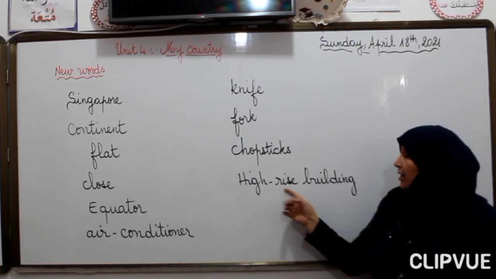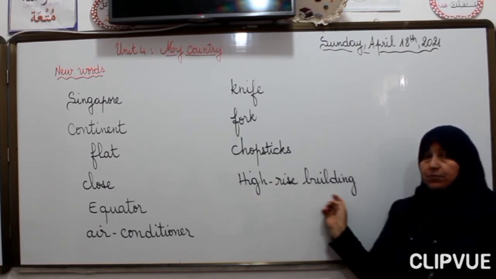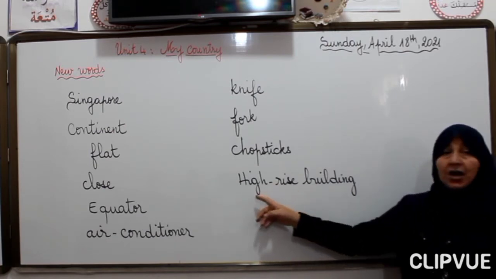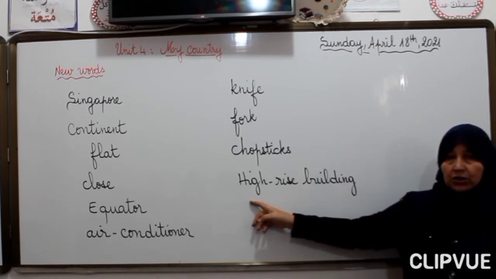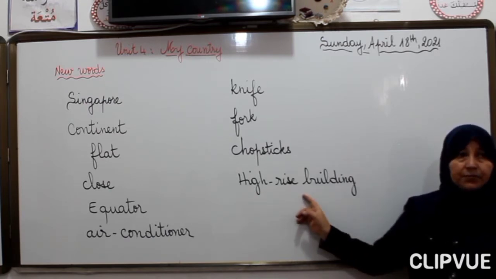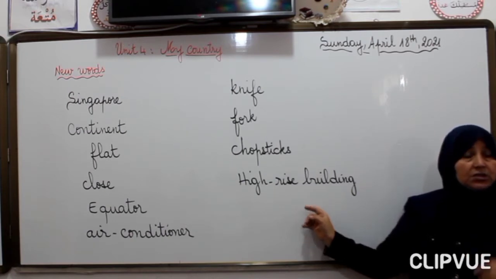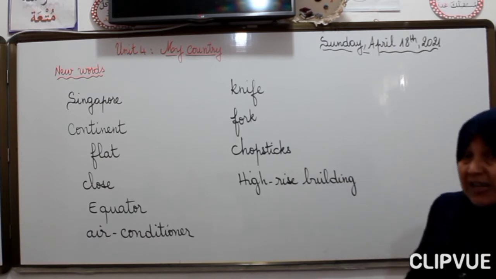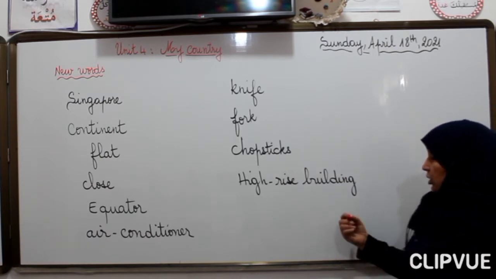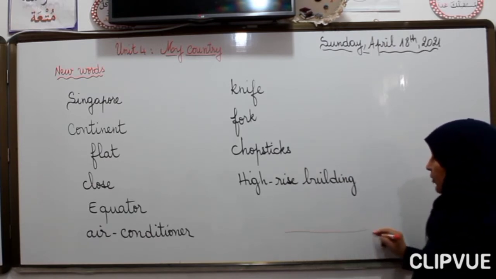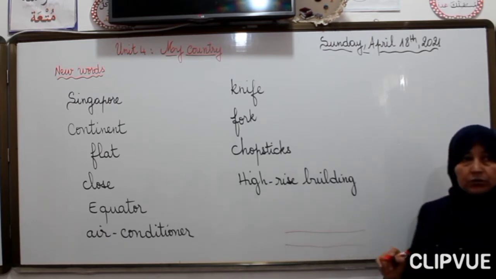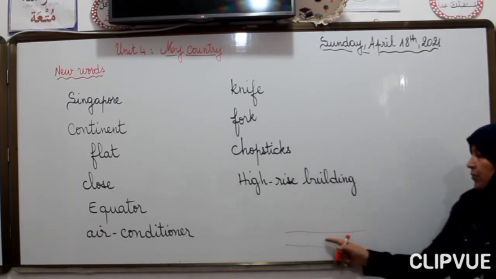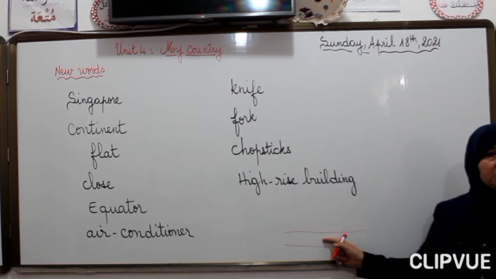Okay. High-rise building. Do you know what high is? Do you know what rise is? It's not rice, it's rise. For example, we have a river. There is no water in the river, it's dry.